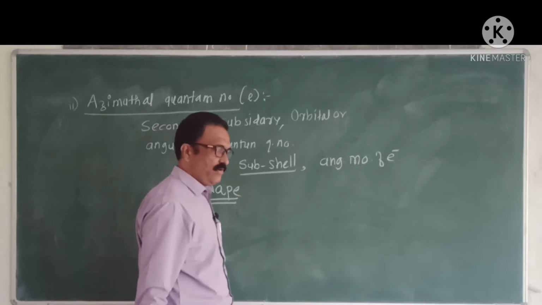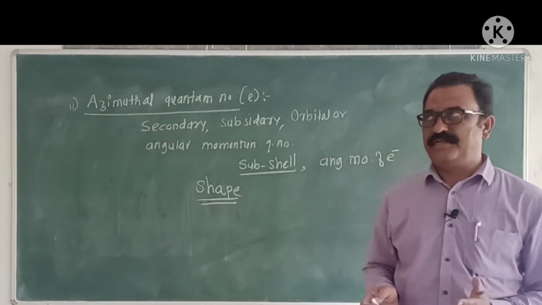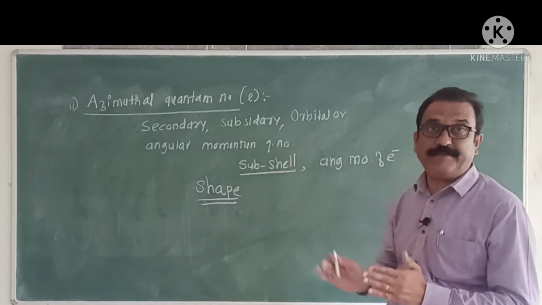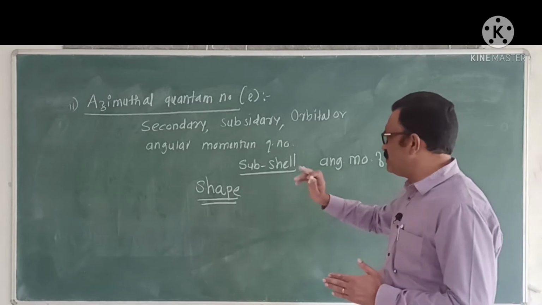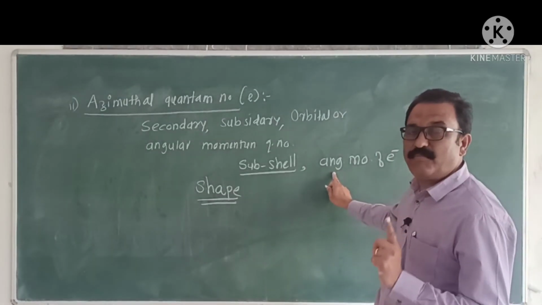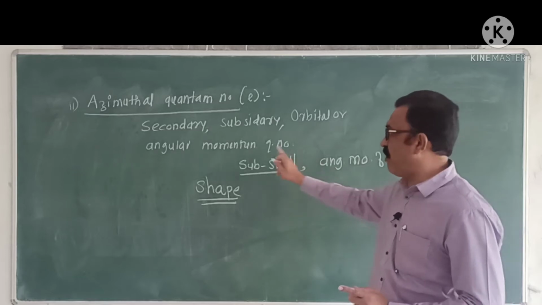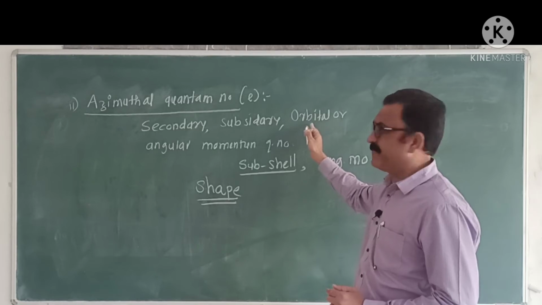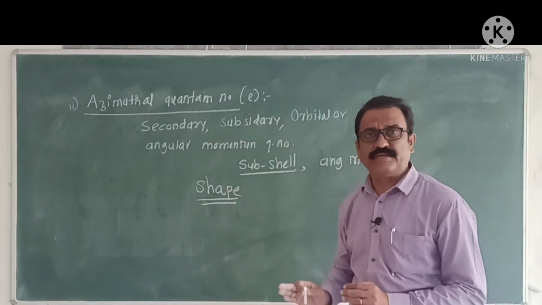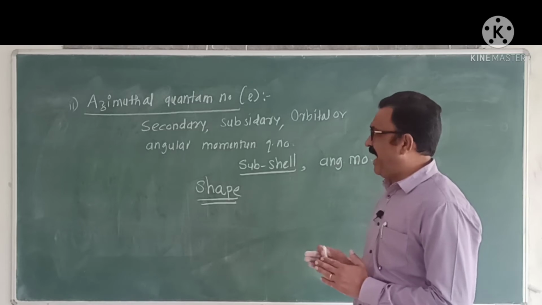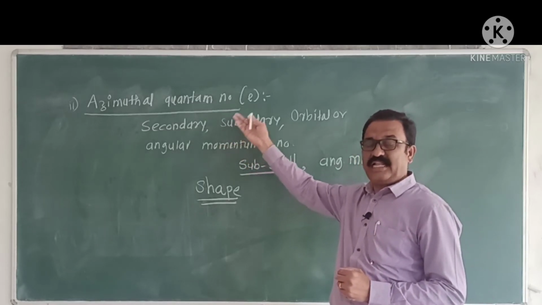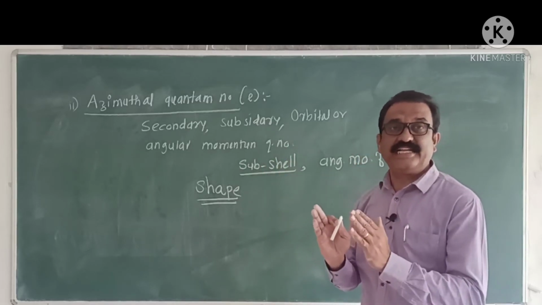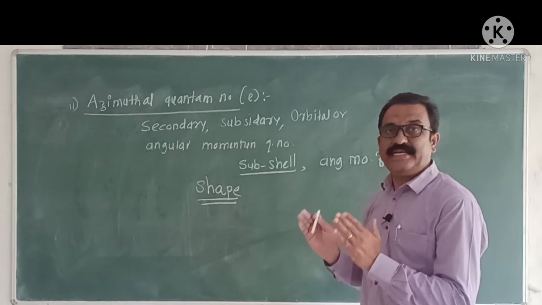The first quantum number gives information about the size of orbit. Then this azimuthal quantum number gives information regarding the shape of orbit. It also gives information about the angular momentum of an electron. It is called the secondary, subsidiary, orbital, angular momentum quantum number.